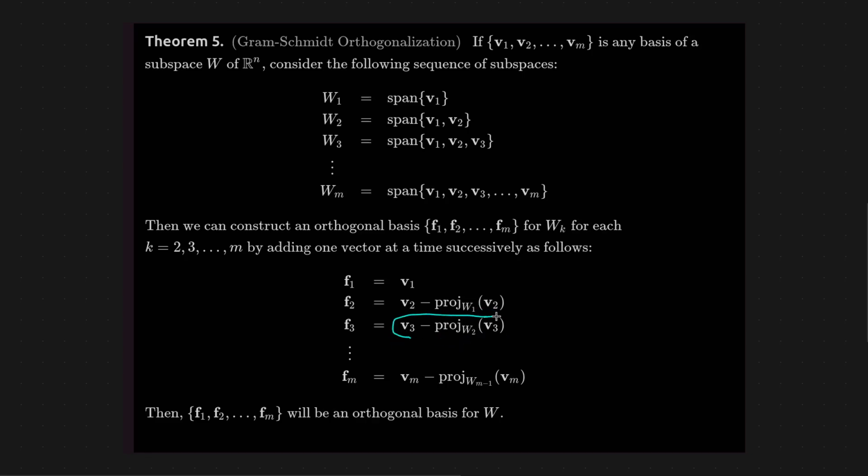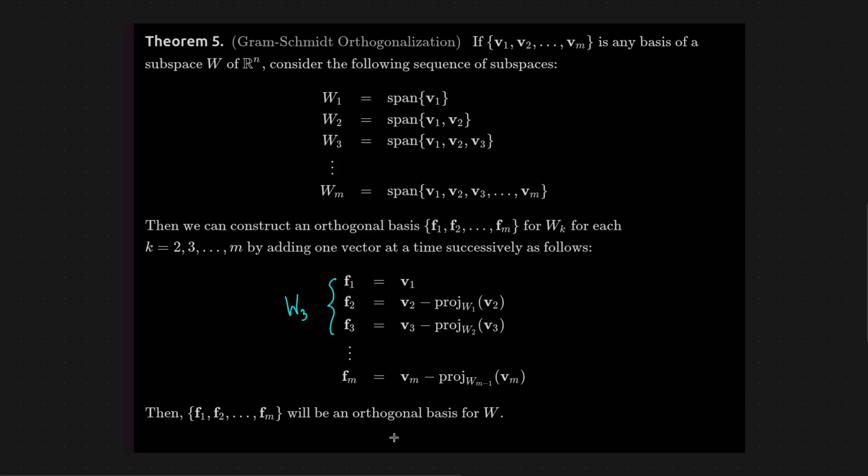What I am left with is the component of V3 that is orthogonal to my old space W2, and therefore it is going to be orthogonal to the basis vectors of W2. So it's going to be orthogonal to both F1 and F2. We know F2 is orthogonal to F1, so all three of these are now orthogonal to each other, and they form a basis for W3.